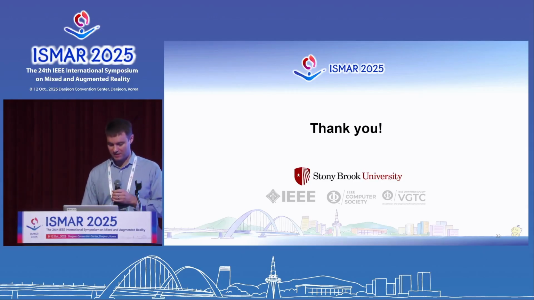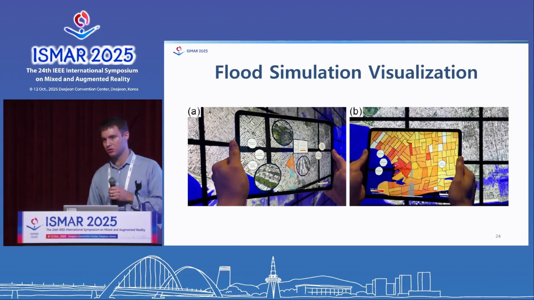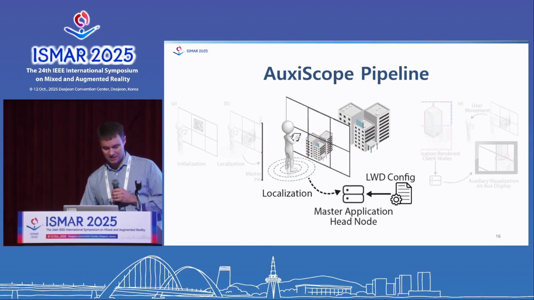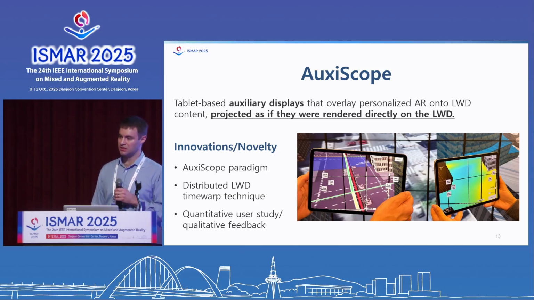So going back to the flood simulation visualization. This is an initial version of an application that we're still developing with the School of Marine and Atmospheric Sciences. One thing that we wanted specifically for this application was the ability to overlay augmentations that look like they're augmented reality, like augmentations on the virtual scene itself that can go essentially behind objects in the scene.